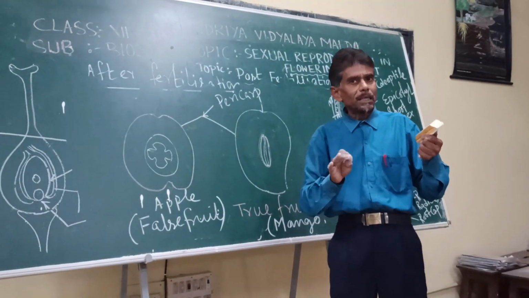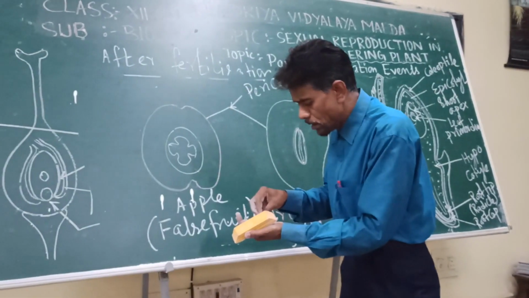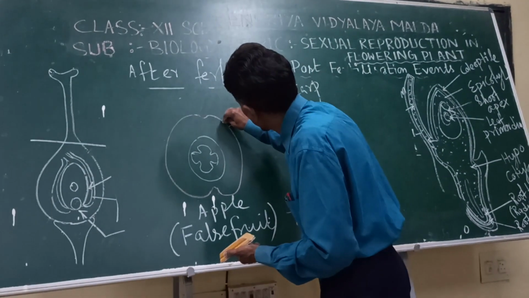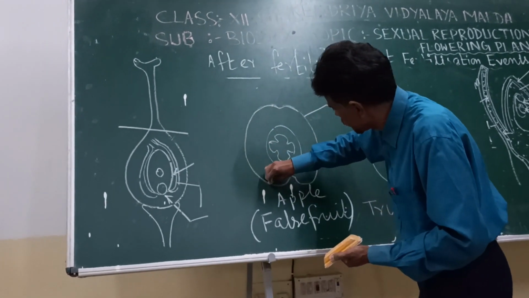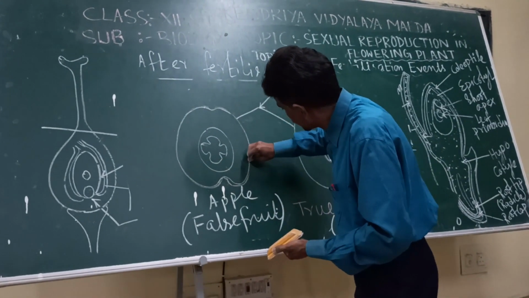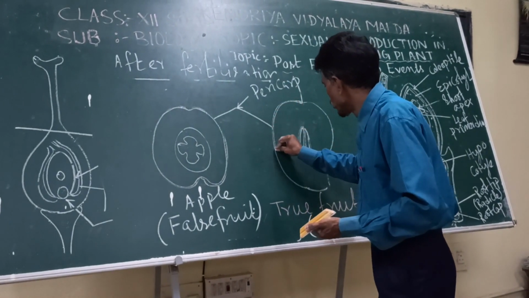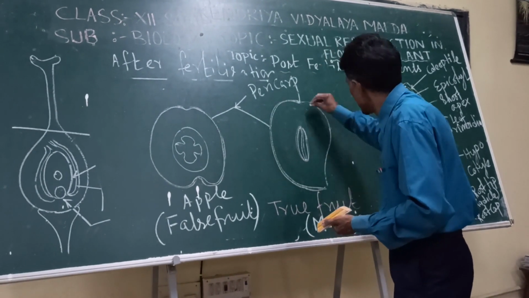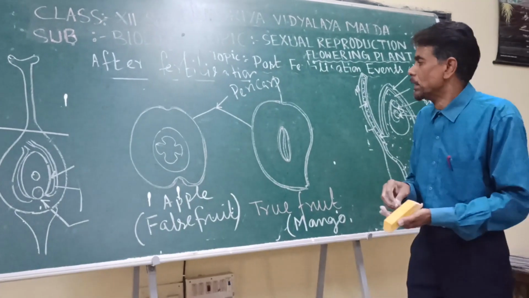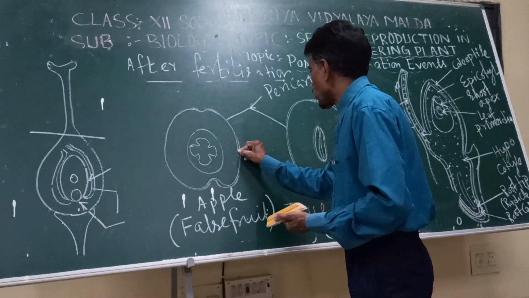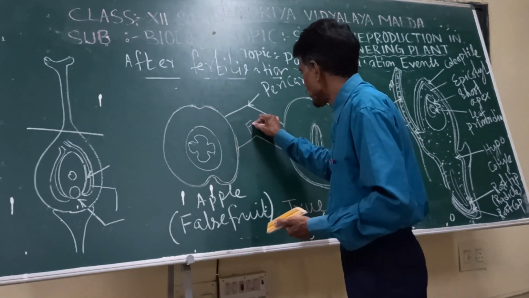This pericarp is having three parts. The outermost one, that is this one, here also, the outermost one, which is forming the fruit peel. This peel part is called epicarp.